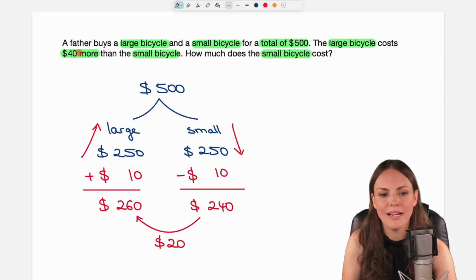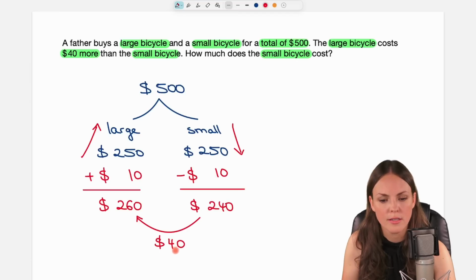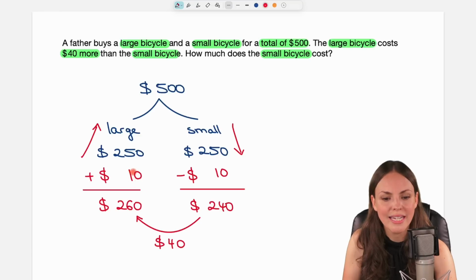If we want to have the $40 difference, let's erase this here. We don't want a $20 difference, we want a $40 difference. And now we do the same thing. We take half of this, so half of 40 would be 20. So 20 is the amount we add and subtract here.